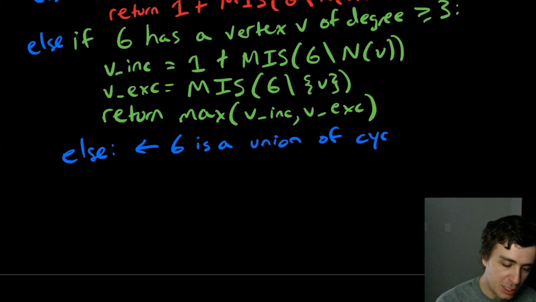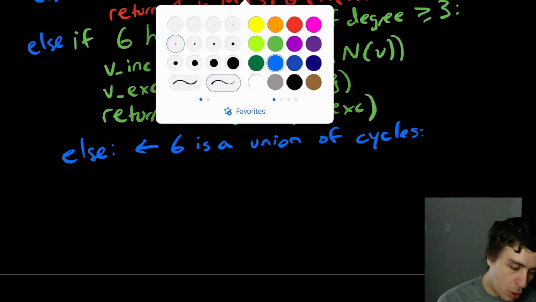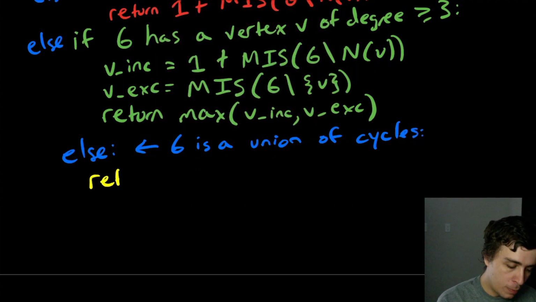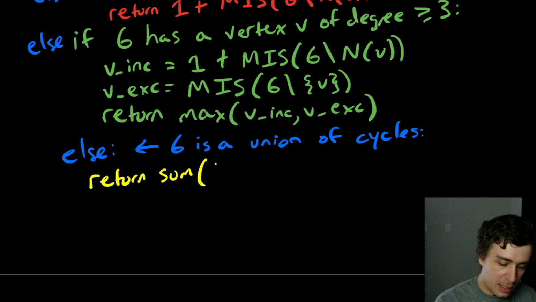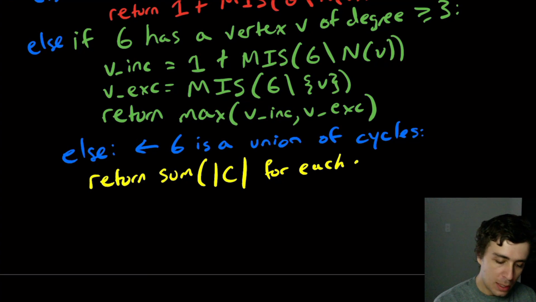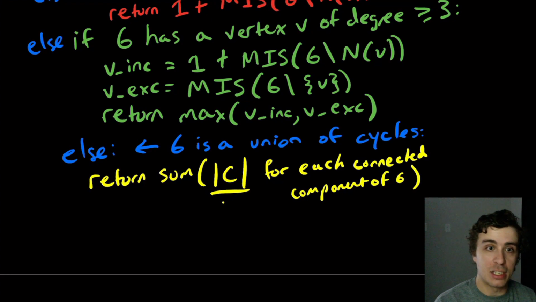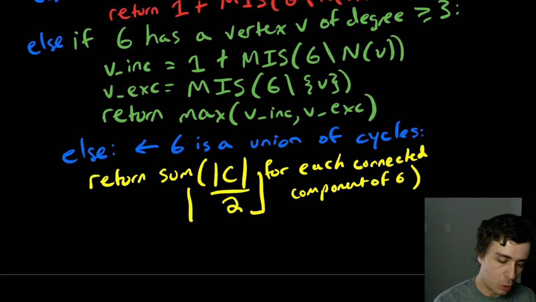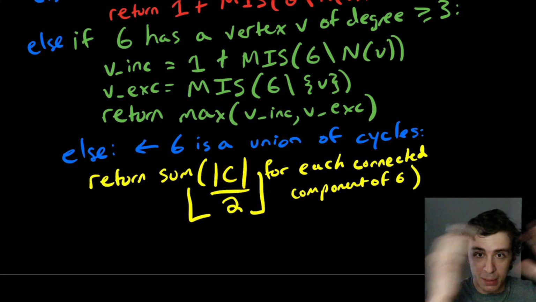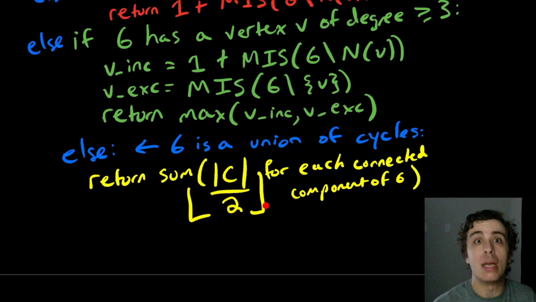So then all that we have to do in this case is return the sum, for each connected component of G, of the size of that connected component divided by 2 and take the floor of that. I know it's a little messy, but it's the size of the component, which is the cycle itself, divided by 2 and then take the floor.